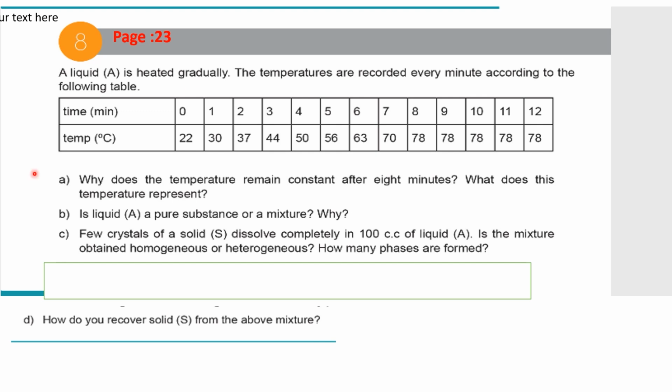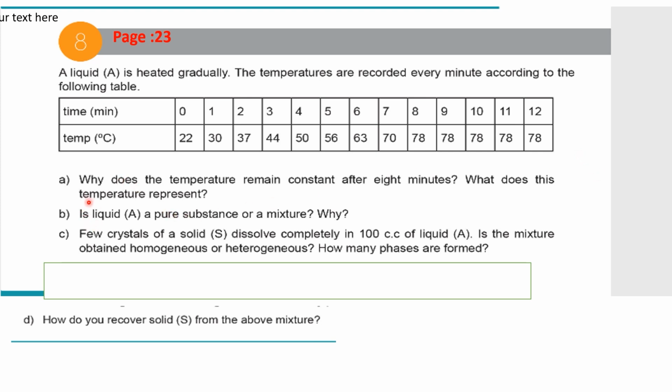Let's see here, the temperature is 22, increases to reach 78, and then at time 8 minutes, temperature is 78, at 9 minutes, temperature is 78, 10, 11, and 12, the temperature is also the same. So the temperature after time 10 minutes remains unchanged.